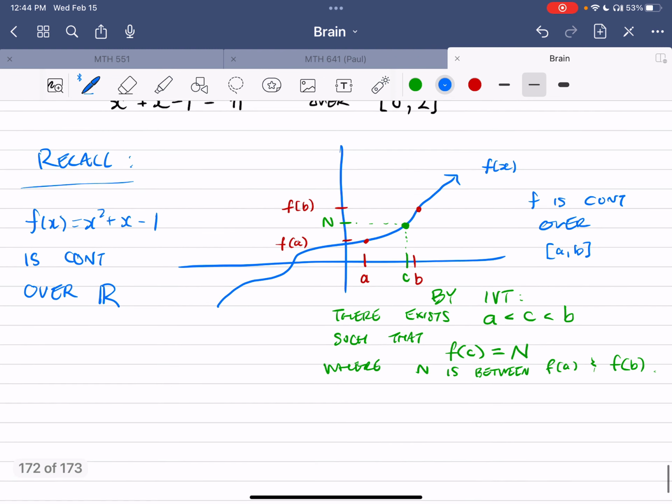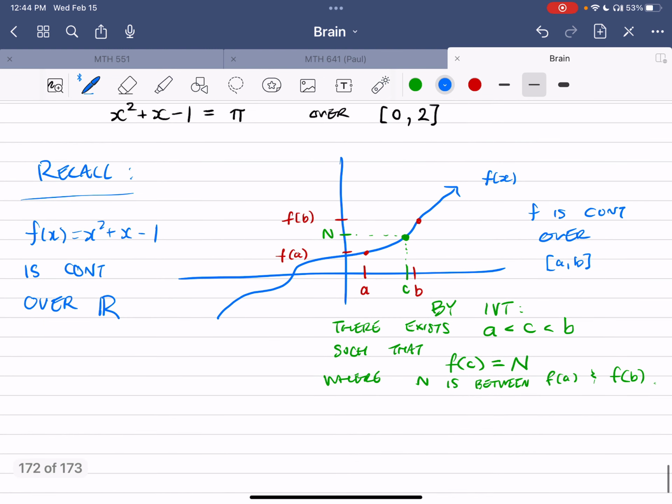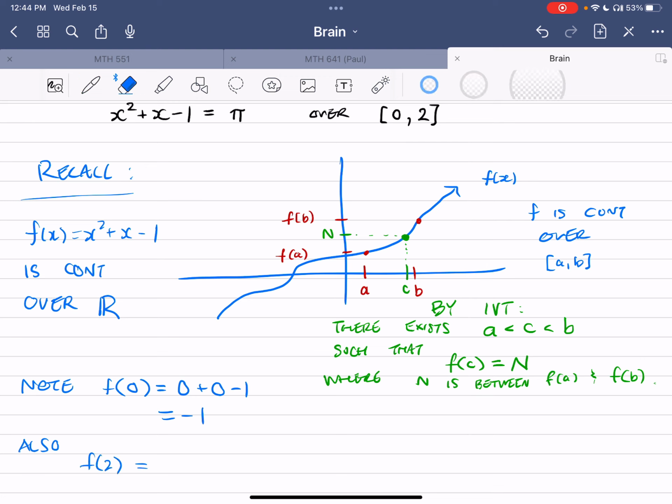I'm going to come down here. So note f of 0 is 0 plus 0 minus 1, which is negative 1. Also, f of 2 is 2 squared, which is 4, plus 2 minus 1, which is 5. So I'm going to relabel our picture here with our actual values.